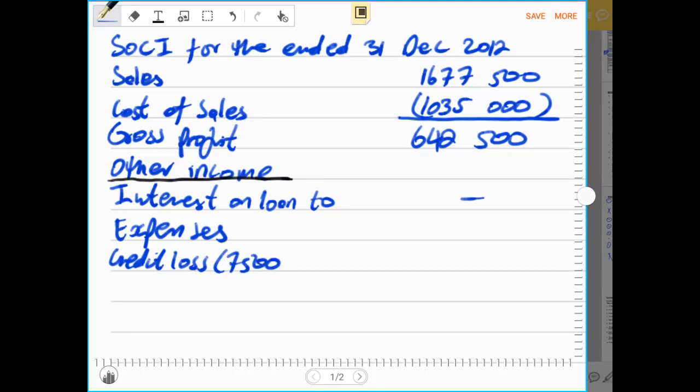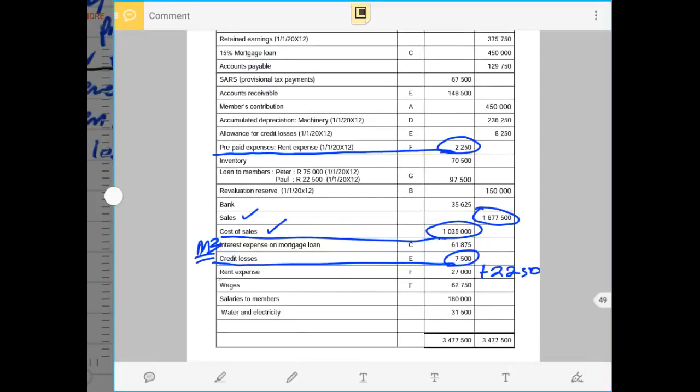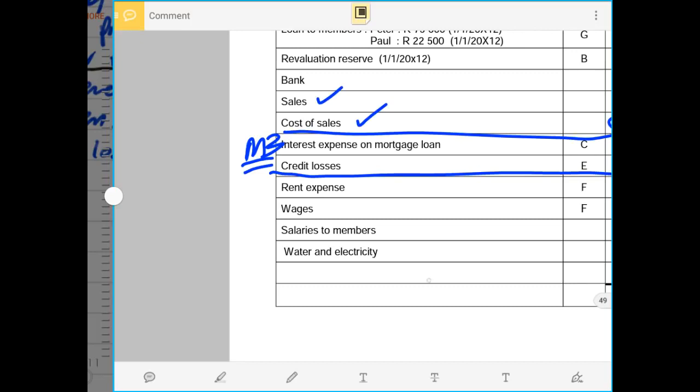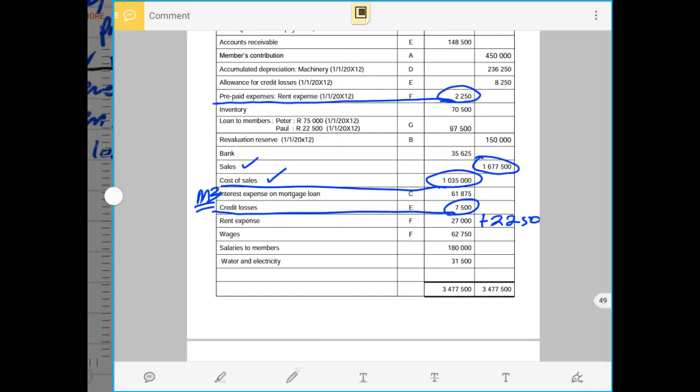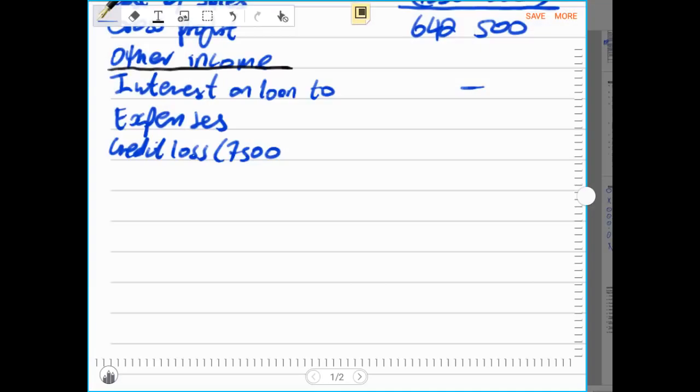I don't write the expenses under total because there might be a need for an adjustment when it comes to expenses. The second expense is rent expense, and our rent expense is 27,000 rands.